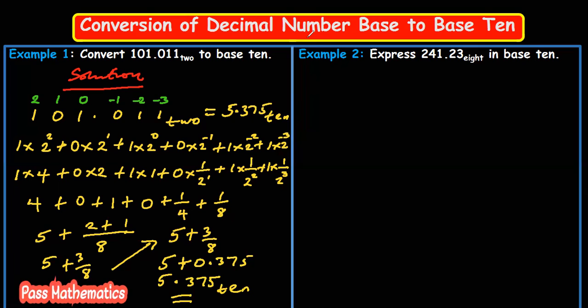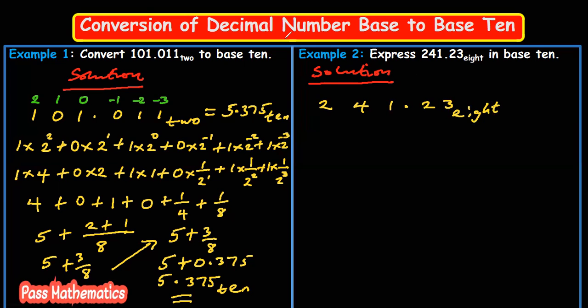The second example says express 241.23, which is in base 8, in base 10. So the same method, we are going to use power expansion. So we have 241.23 in base 8.